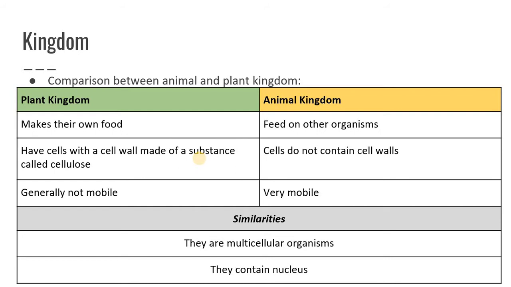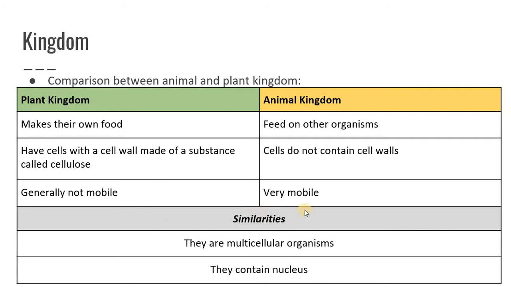They are generally not mobile. Although plants do move, they move very, very slowly. Whereas organisms in the animal kingdom feed on other organisms, they are consumers. They have cells that do not contain cell walls and they are very mobile, right?